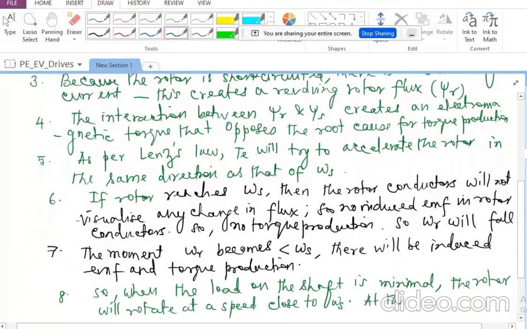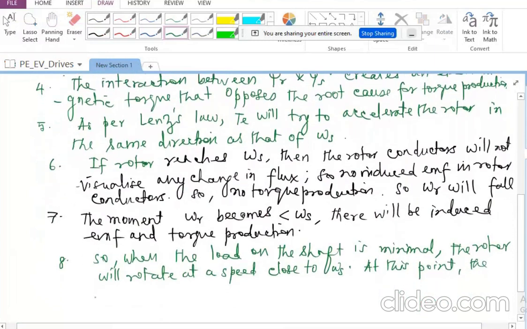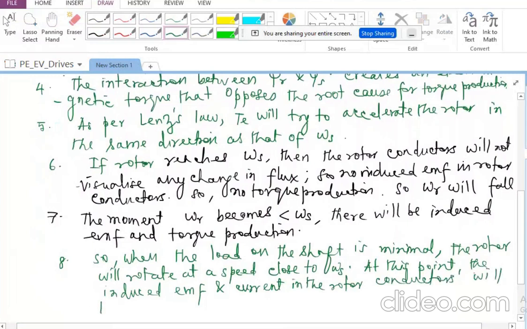At this point, the induced EMF and current in the rotor conductors will be really small because this is proportional to omega s minus omega r.